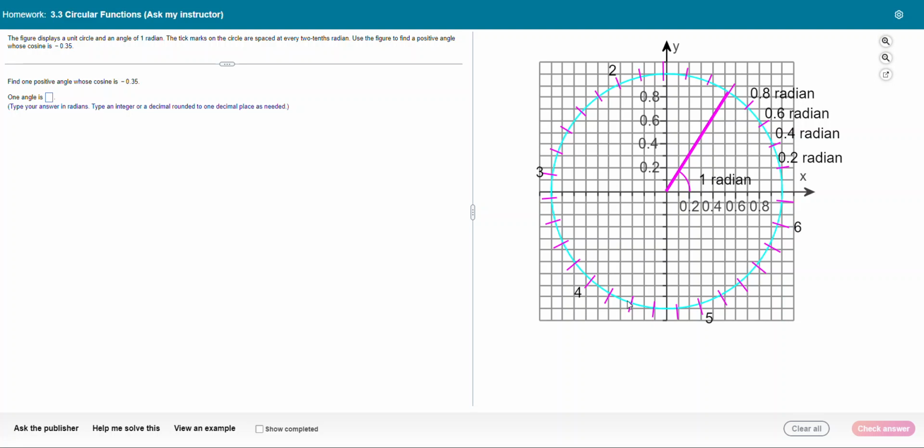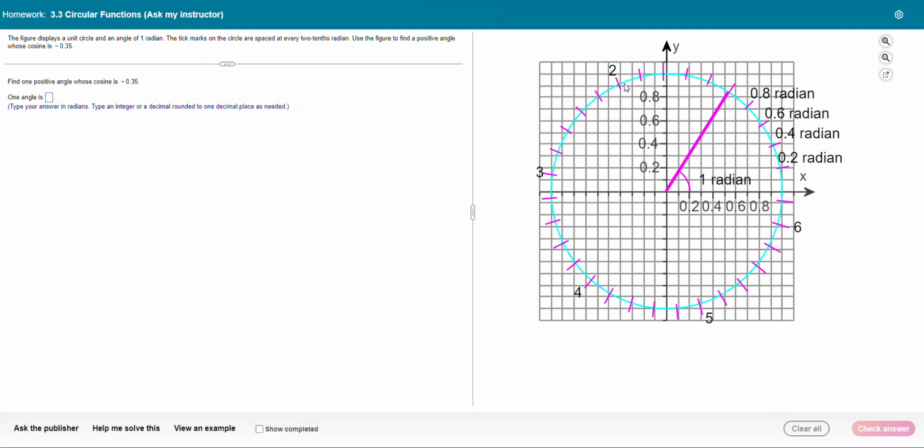So it looks like we would be at 4.2, maybe call it 4.4 because it's not exactly perfect here. Either of those two answers, either 1.9 from the second quadrant or 4.3 in the third quadrant, should result in a correct answer.